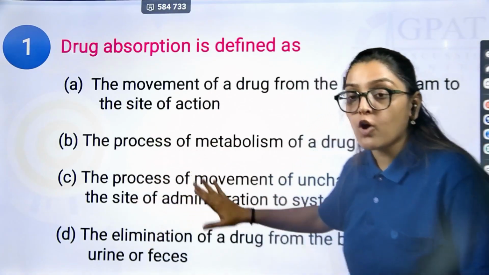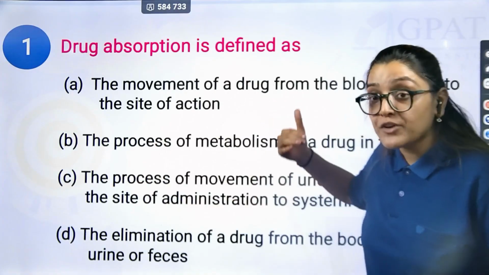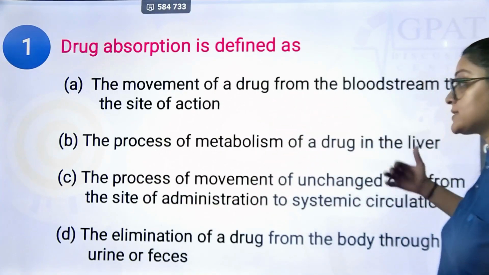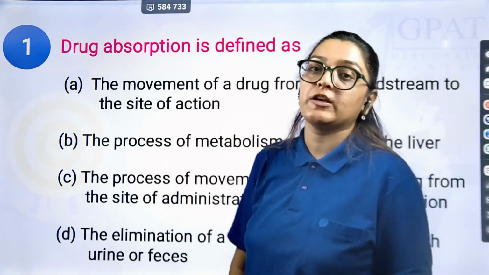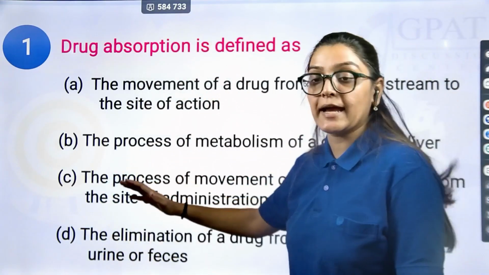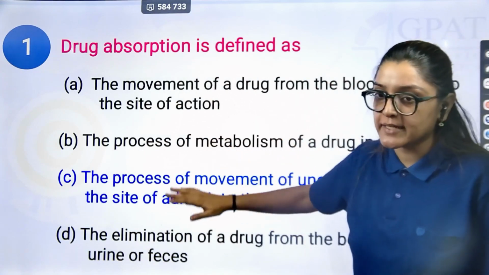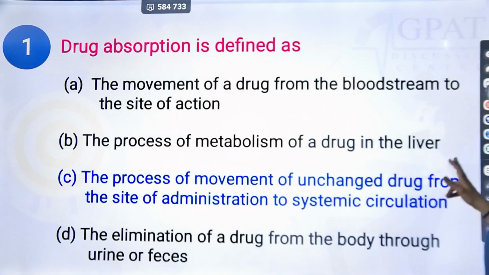The process of movement of unchanged drug from the site of administration to the systemic circulation, that is what we call the drug absorption process. So we have our correct answer as option C.